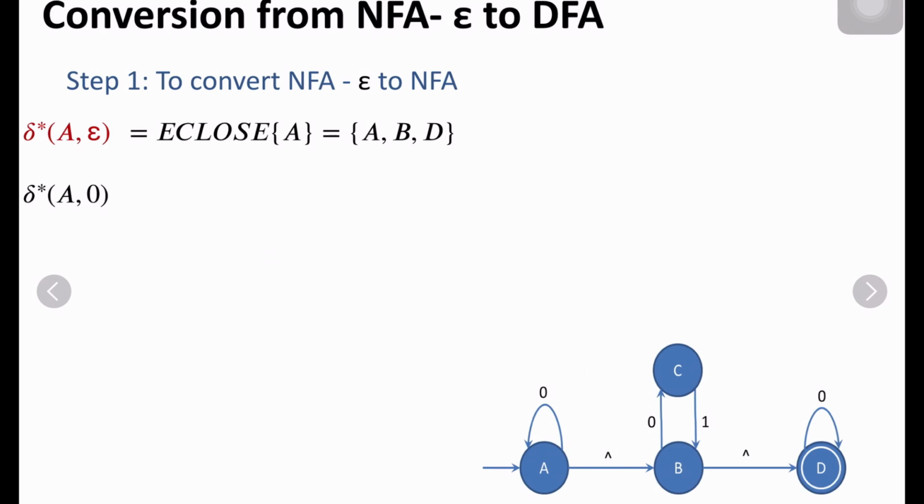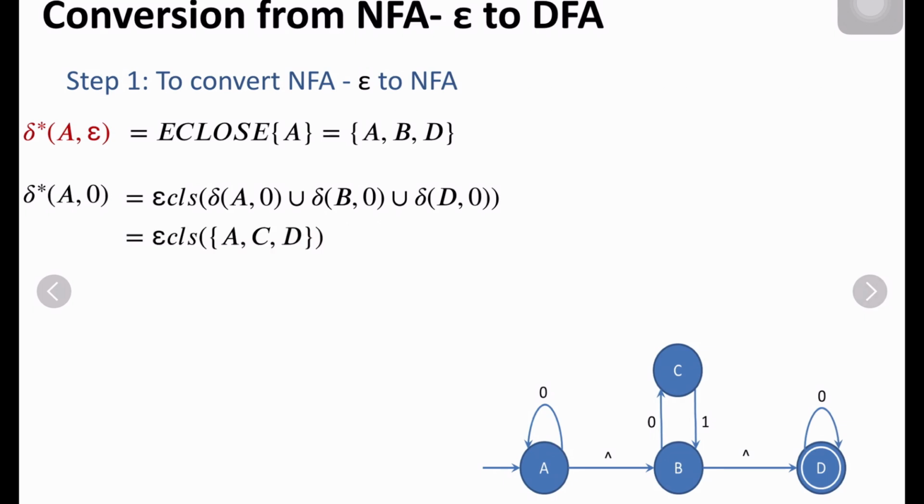Delta star of A comma 0 is nothing but E-closure of delta of A comma 0 union delta of B comma 0 union delta of D comma 0. A on 0 gives A, B on 0 is C, and D on 0 is D only. So finally you will get ACD.